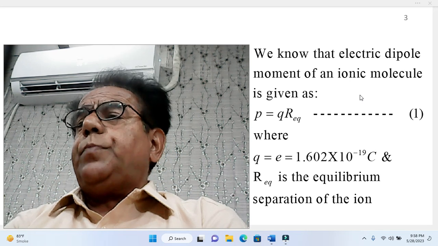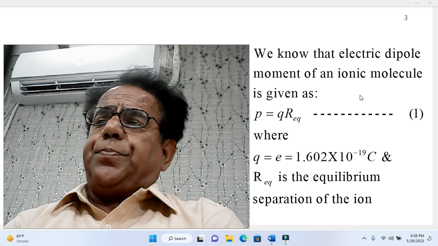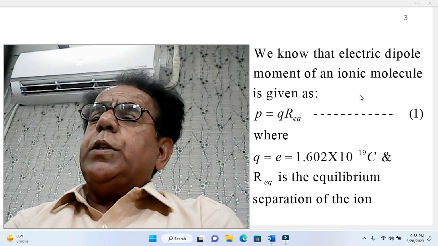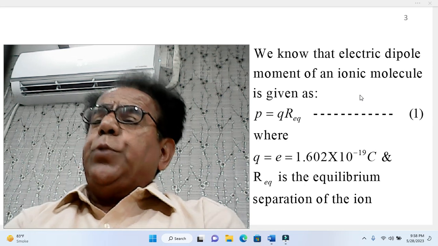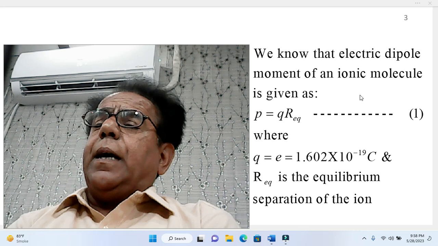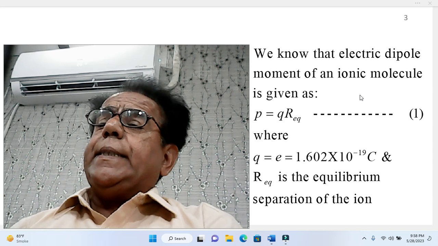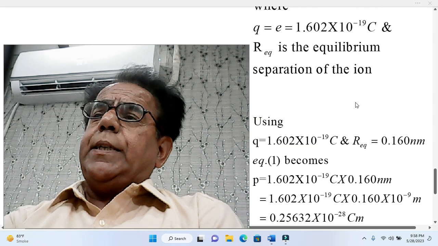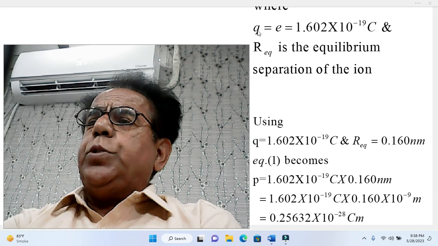We know that the electric dipole moment of an ionic molecule is given as P equal to Q R_eq, where EQ is written as a subscript of capital R, where Q equal to e is equal to 1.602 times 10 to the power minus 19 coulomb, and R_eq is the equilibrium separation of the ion. This Q is the same as this value.